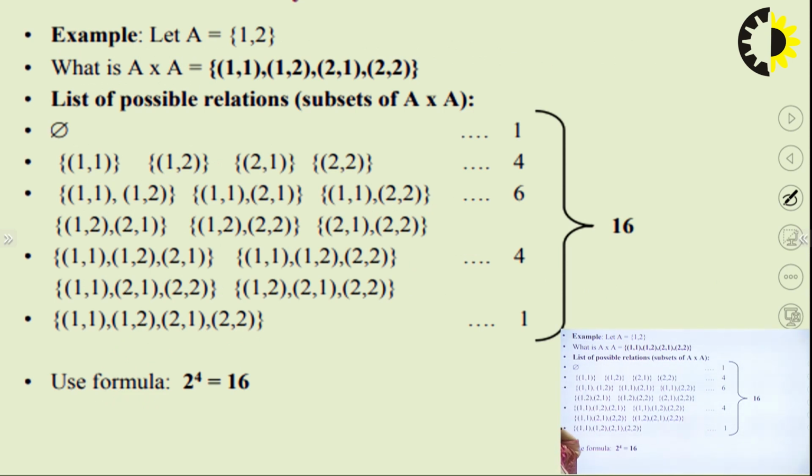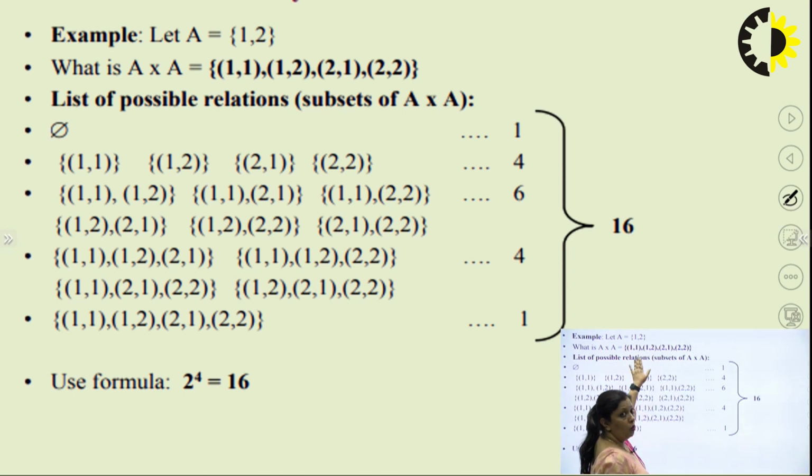Now this is even an example where we have calculated the number of relations which are possible. I am having a set A which contains 2 elements 1 and 2. If I write the cross product A cross A, what all will be there? 1, 1 will be there, 1, 2 will be there, 2, 1 and 2, 2.